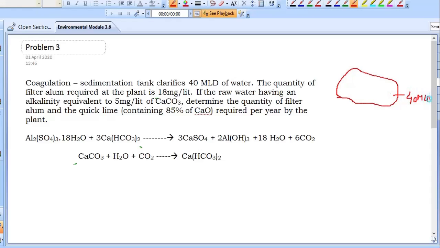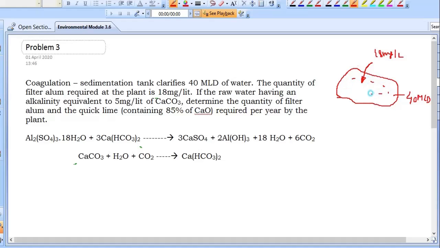This 40 MLD water is there, and on this water they are going to add alum, that is 18 mg per liter alum they are going to add, and they are saying that this water has some alkalinity, but alkalinity in terms of CaCO3 it is available, that is 5 mg per liter. Okay, and they have an option to add CaO.